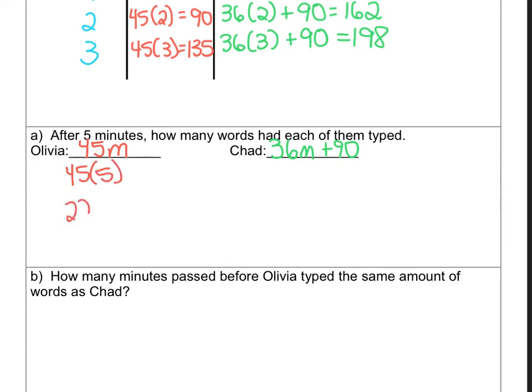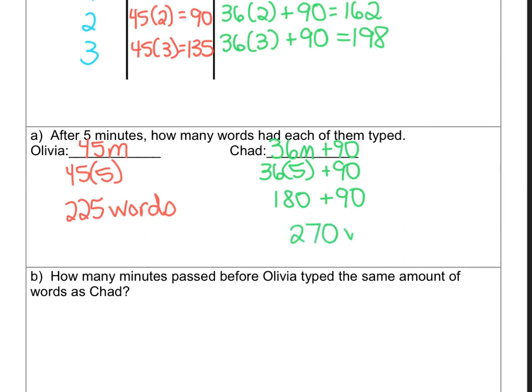She has 225 words typed. For Chad, he has 36 times his 5 minutes plus his 90 head start. So 180 plus his 90, he has typed 270 words. So at this point, Chad has still, after 5 minutes, typed more words than Olivia.